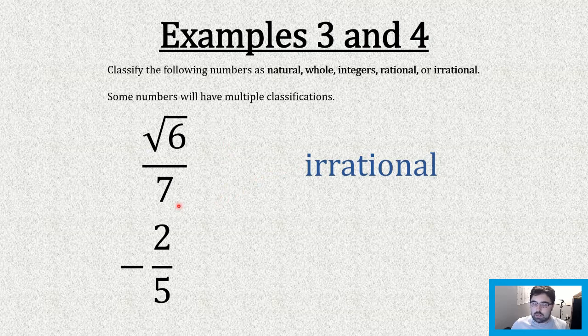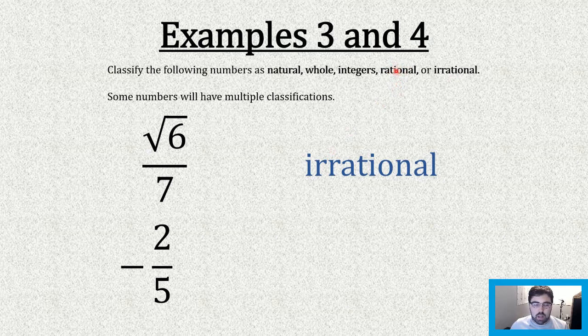My point is, it's a fraction that can't be simplified so that it looks like an integer. In other words, if this was -2/1, okay, that would just be -2, and we'd have an integer. But that's -2/5, which means you can't actually simplify that any. So this is what you've got, which means we're up here looking at rational and irrational.